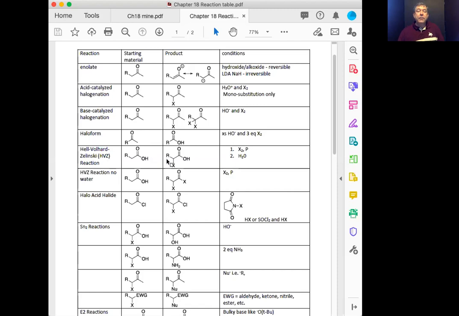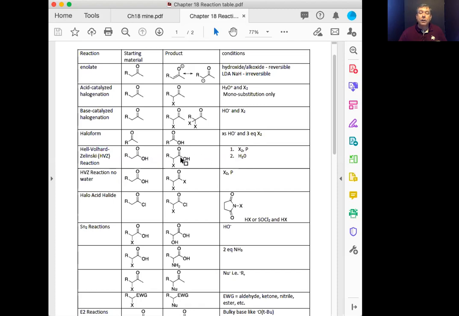Okay, the derivative of this is called the Hell-Volhard-Zelinsky reaction, where we're getting alpha halogenation here, and we're using that halogen and a phosphorus. Okay, now if you stopped at the halogen and phosphorus, you end up with an acid halide. So the next reaction down here says without water. Notice there's water as your second step on this one.